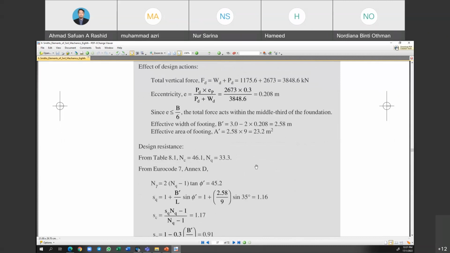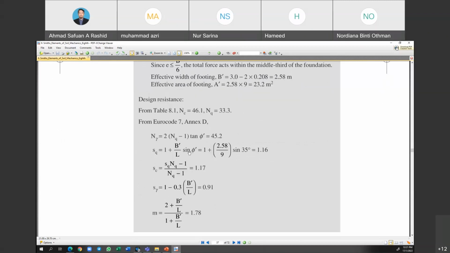So from table 8.1, we get the NCU, NC and NQ. Then we may obtain N gamma based on the formula, or from the Eurocode, so there will be a slight difference.